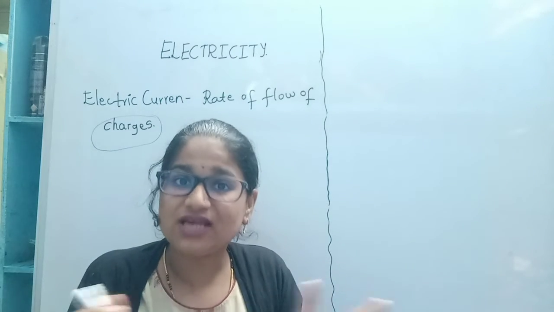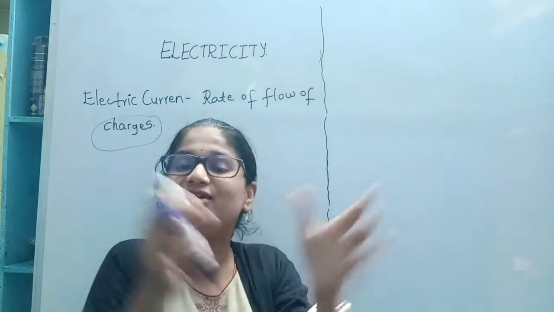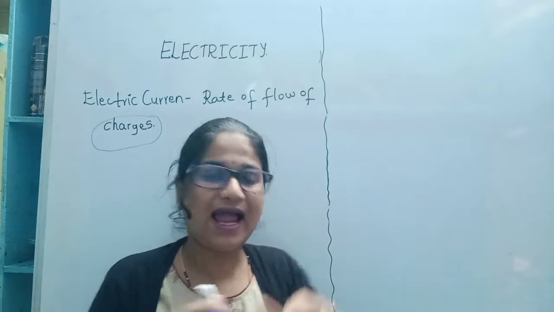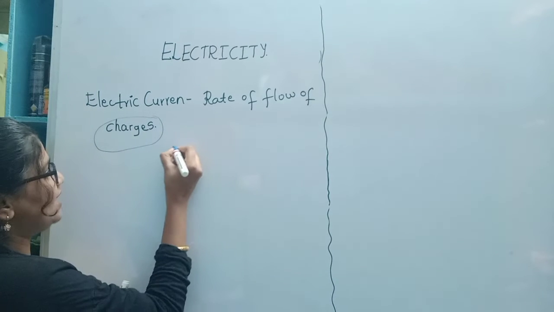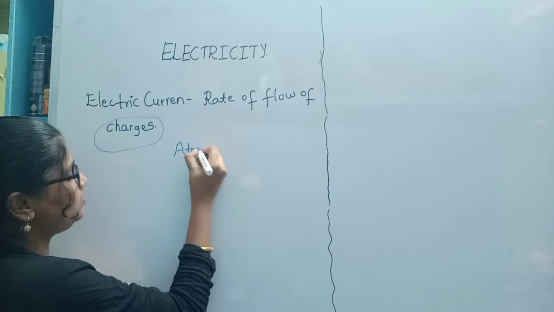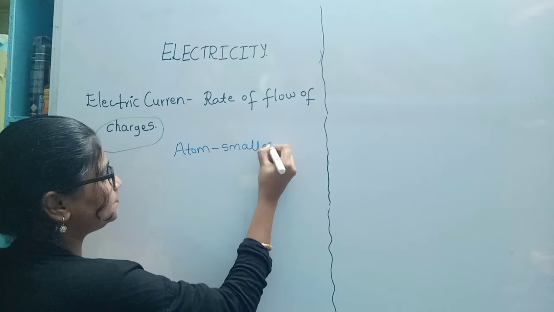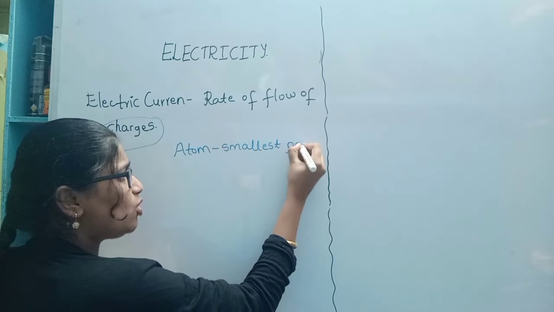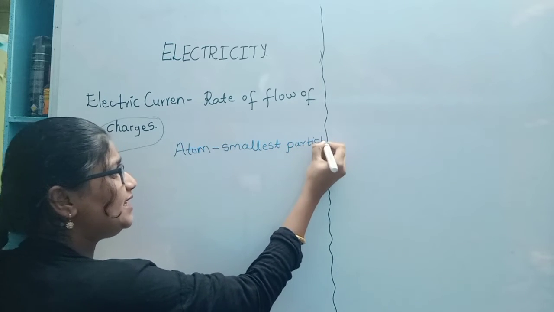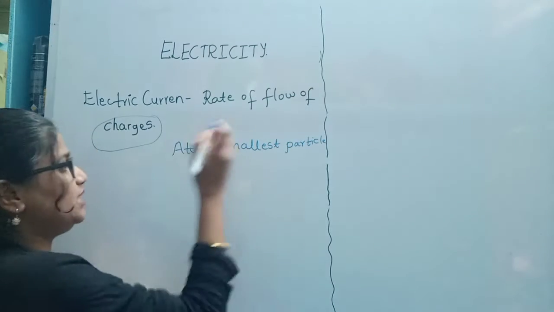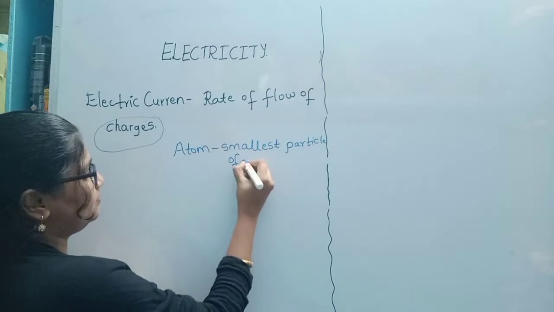These atoms in aggregate together form the matter. It is not only the smallest particle, we can say it is indivisible, meaning it will not be divided further, that much small it will be. Smallest particle of matter.